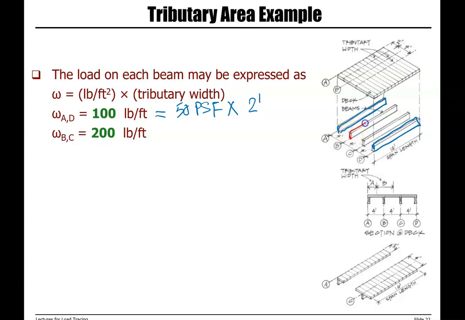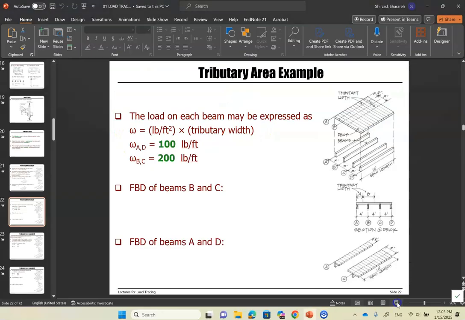If we are looking at the middle beams, where we have two adjacent members and a tributary width of 4 feet, then the load on these beams is 50 PSF times 4 feet, or 200 PLF. And pay attention that PSF times feet gives us PLF.